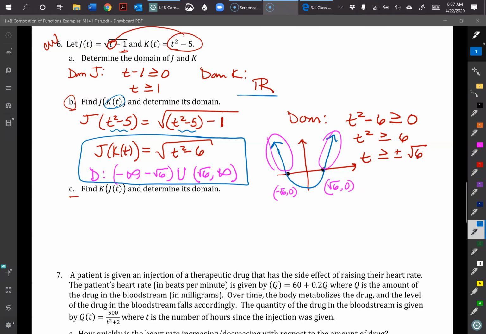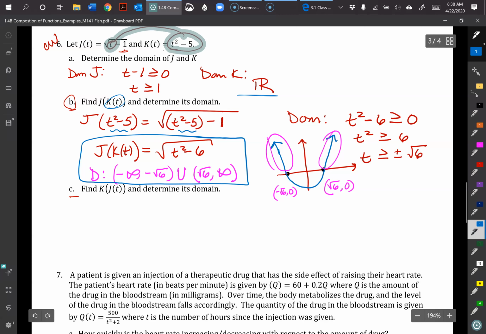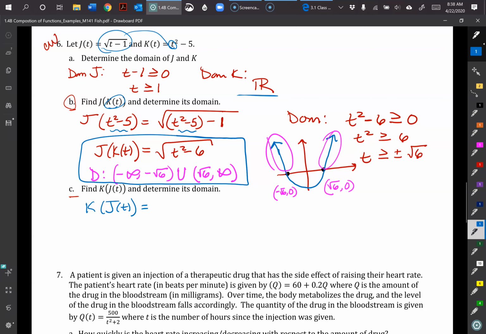Let's look at K of J of T and determine its domain. So K, now we're going the other way here. So we have radical T minus 1 being plopped in for T in the K function. So K of J of T will be, our outer one is the T squared, so we're going to have parentheses squared minus 5.